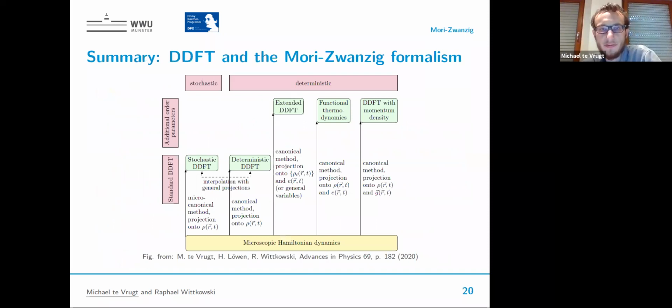And so to summarize this part: using the Mori-Zwanzig formalism from the microscopic Hamiltonian dynamics, you can derive DDFT in both of its forms, depending on which variant you use. And you can also derive extensions of DDFT by incorporating more relevant variables.